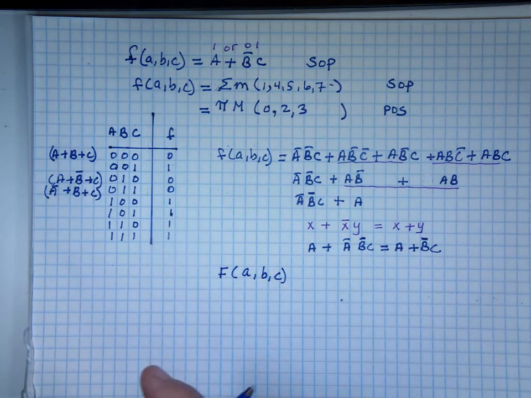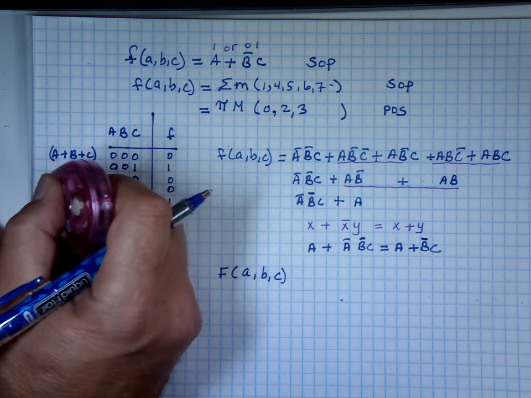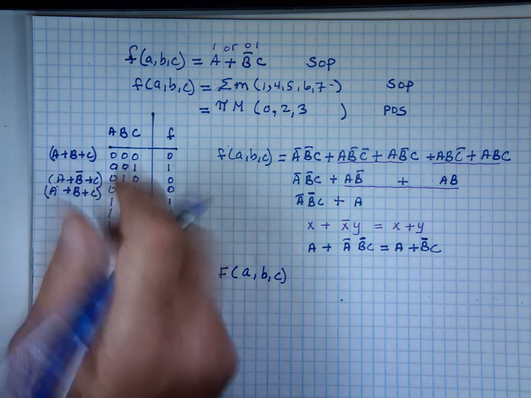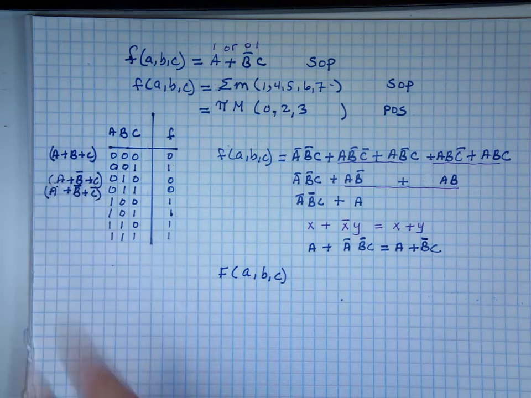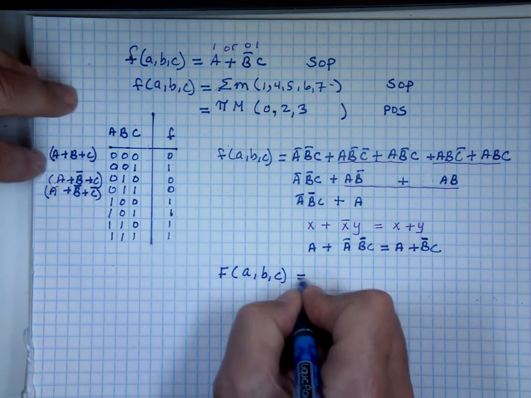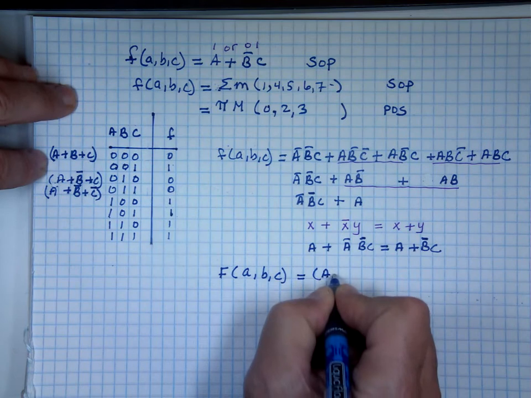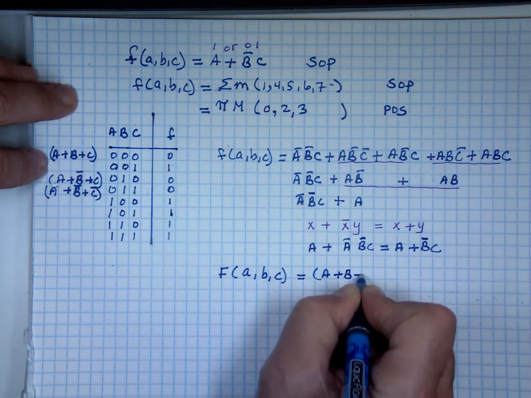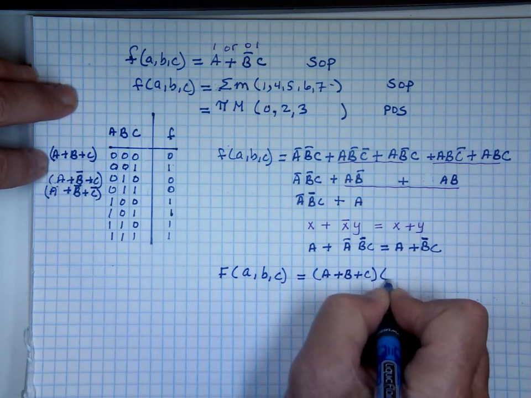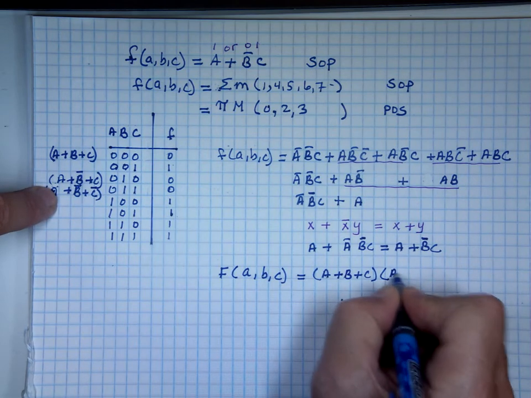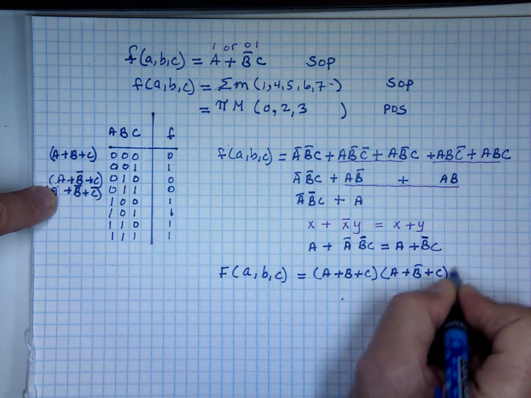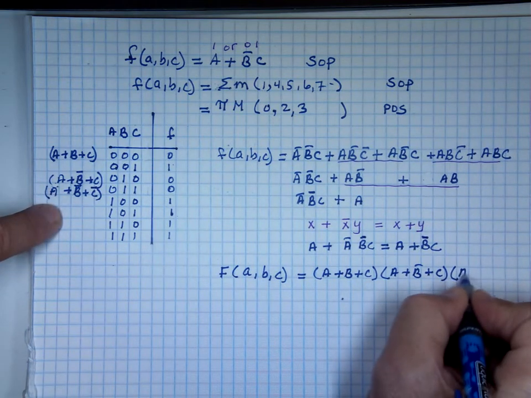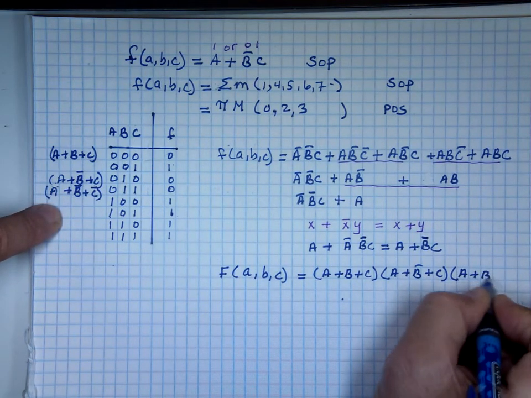The ones you complement, the zeros, you leave them alone. So for that it will be A plus B plus C, and it with A plus B bar plus C, and it with A plus B bar plus C bar.